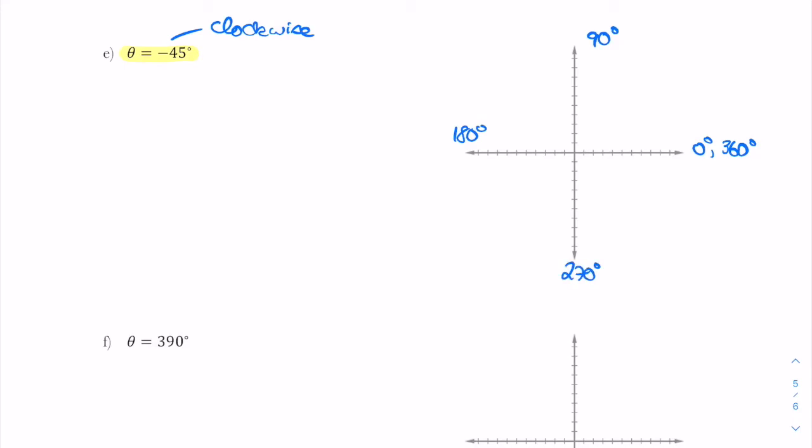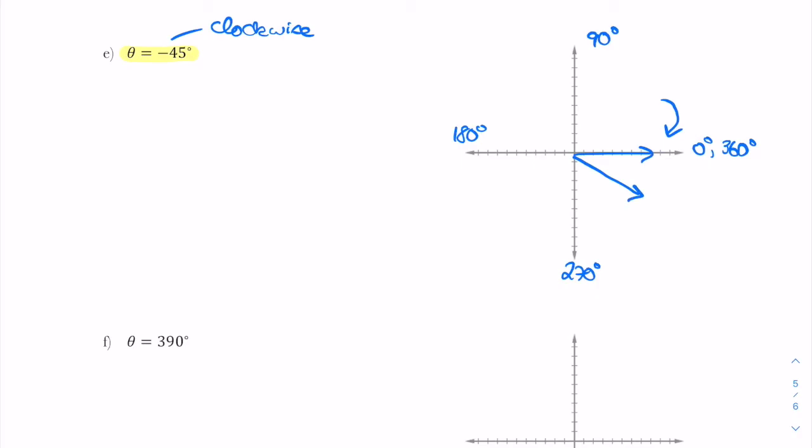All right, so from the initial arm, rotate 45 degrees clockwise. That would be this way. That's going to actually place us in quadrant 4, so roughly here.